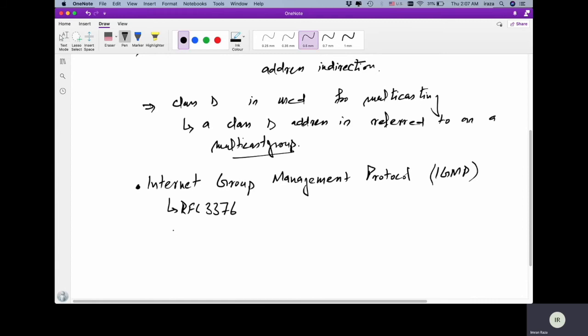So like Internet Control Message Protocol, IGMP, Internet Group Management Protocol, messages are encapsulated within an IP datagram.